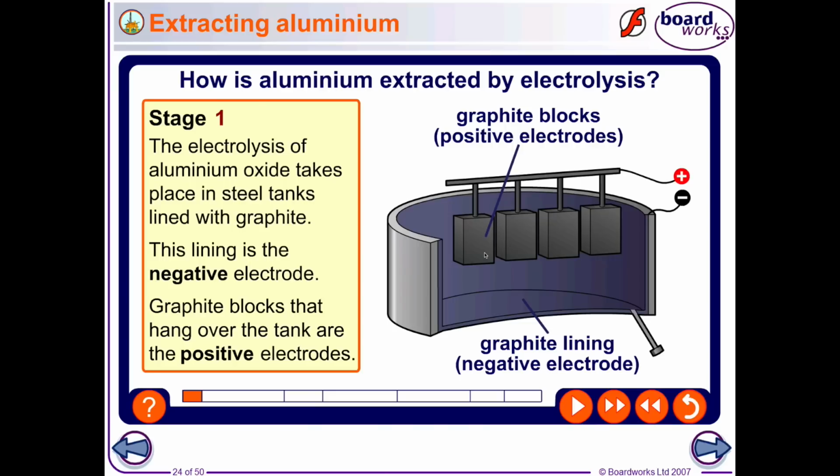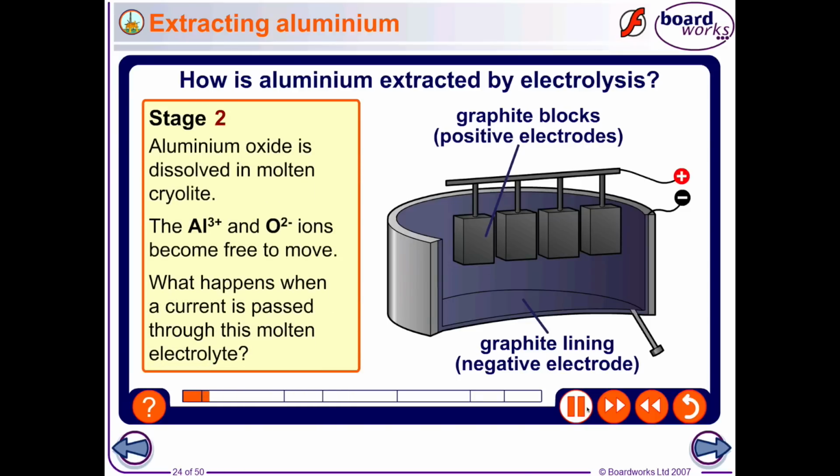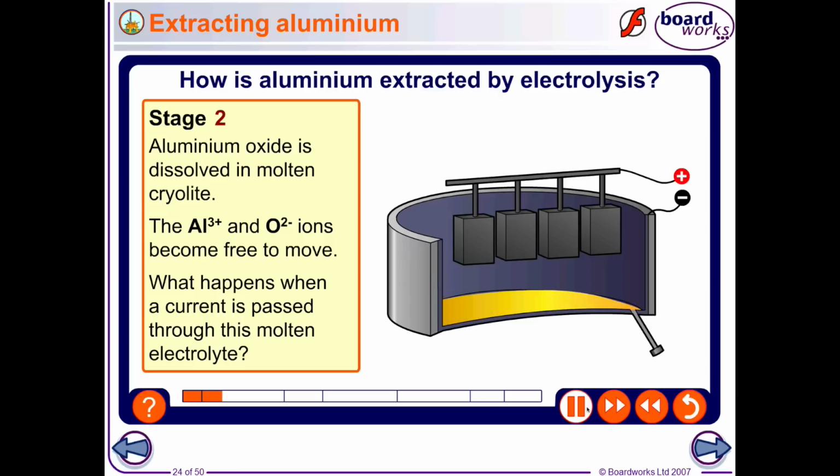The reason for that is because graphite, as you'll know from the previous sections, is a good conductor because it's got delocalised electrons. And secondly, it's used in this process because it's got a very high melting point, so it can withstand the high temperatures that we're going to use. Those electrodes will just do the same as they did in the previous example. The positive electrode will attract the negative ion, and the negative electrode will attract the positive ion.